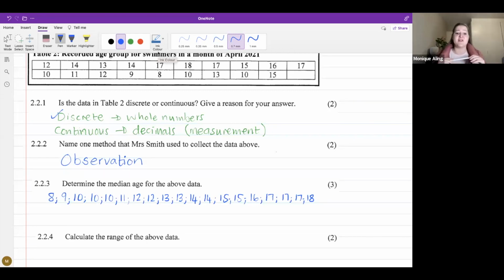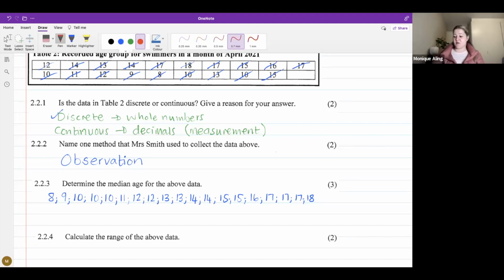Okay, so when you're rearranging the numbers, make sure that you have included all the numbers. So if you need to cross out as you are writing them down, do that. So you should have 19 numbers in your data set.